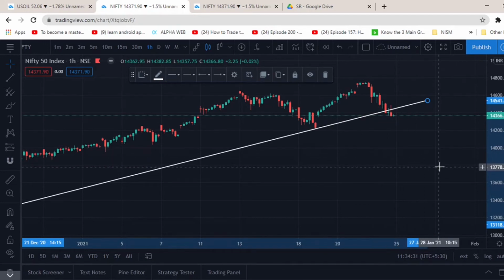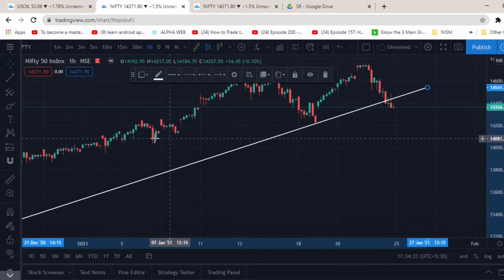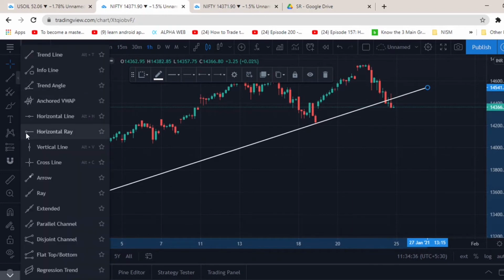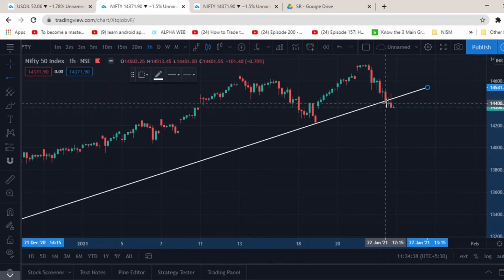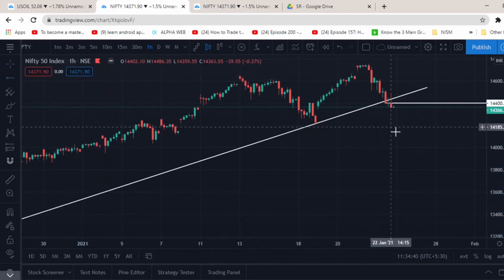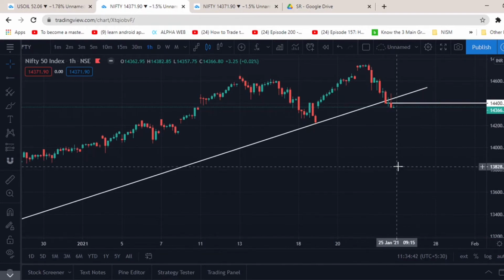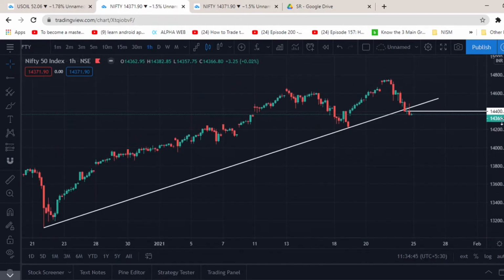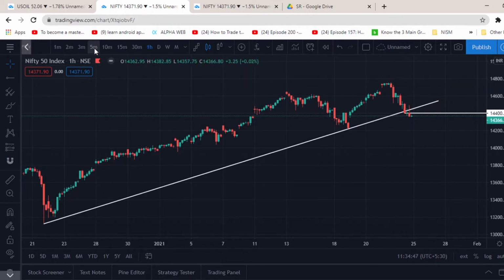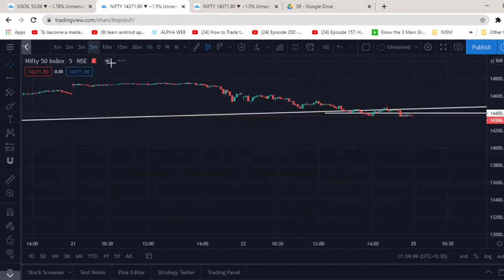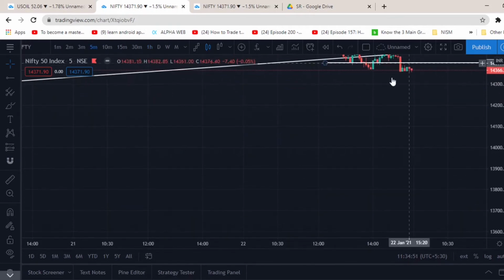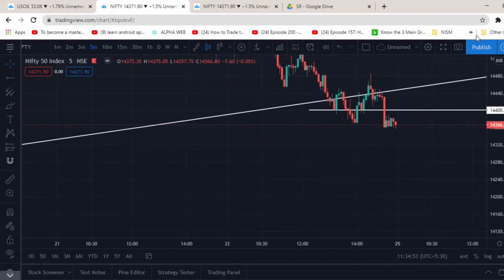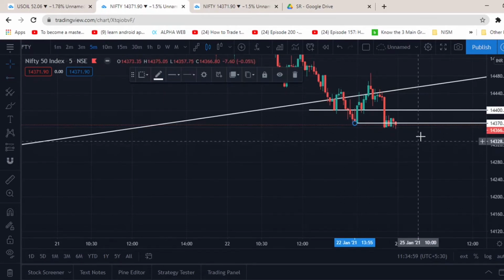There are two possibilities. We can take the short if the low of the breakout candle is breached, we can enter the trade, or, as I said in the previous session, we can move to the lower time frame to identify the swing, and once the low of the swing is broken, we can enter the trade.